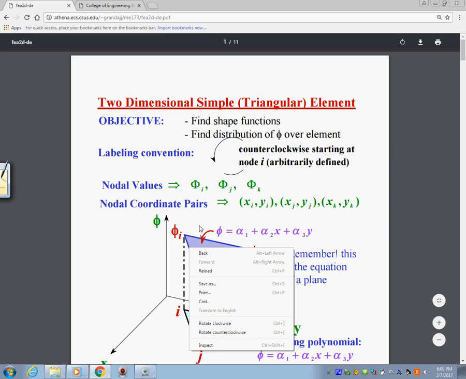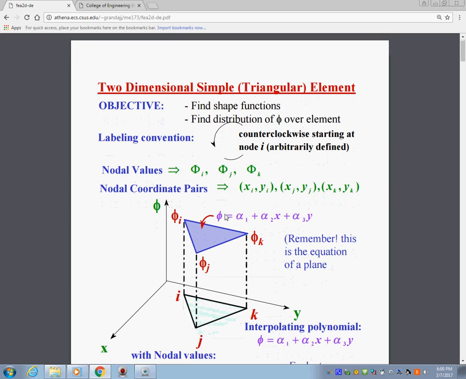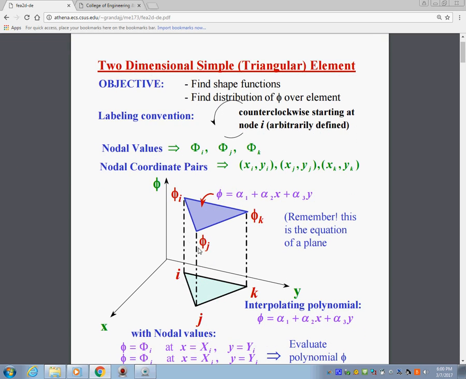For the solution also we would have phi sub I, phi sub j, and phi sub k. Okay? And the equation of this plane would be alpha 1 plus alpha 2 plus alpha 3 coefficients, and this time we have x and y.